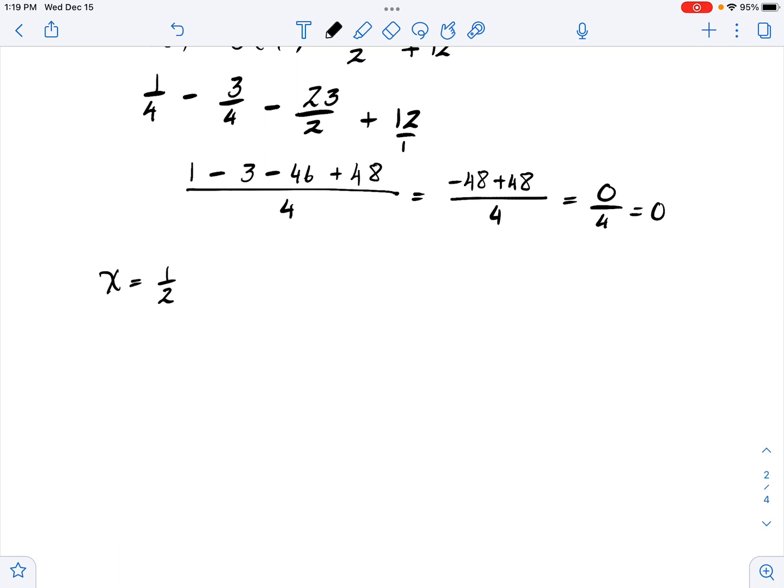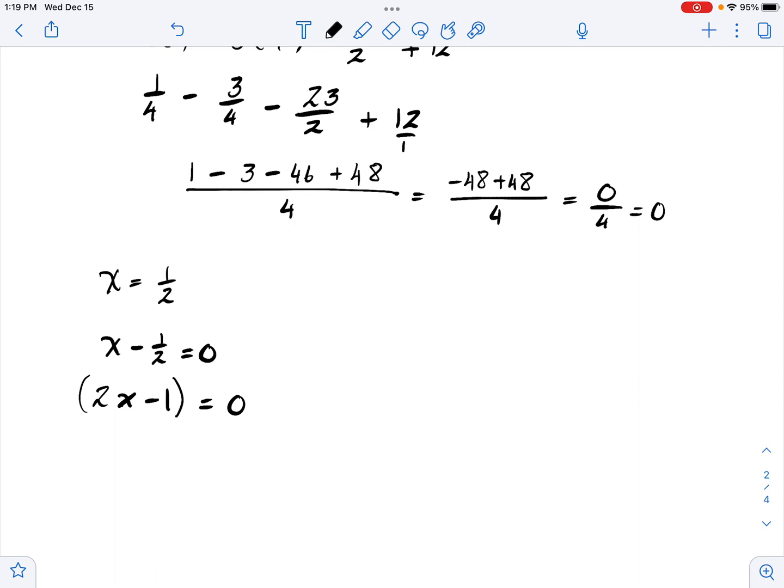And so what I can do is I can now find the factor. X minus 1/2 is equal to 0. And so multiplying across by 2, I get 2x minus 1 is equal to 0. And this 2x minus 1 is another one of my factors.